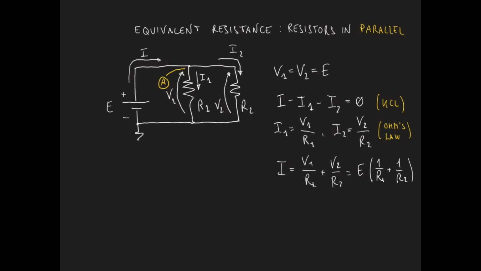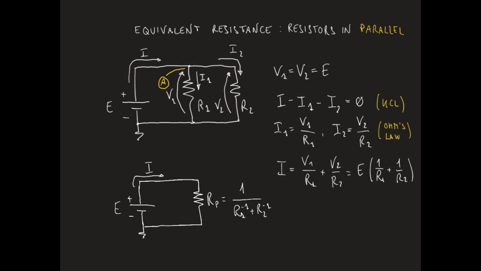So as far as the current I provided by the battery E is concerned, the two resistors R1 and R2 in parallel can be replaced by a single resistor Rp whose value is given by 1 over R1 to the minus 1 plus R2 to the minus 1.